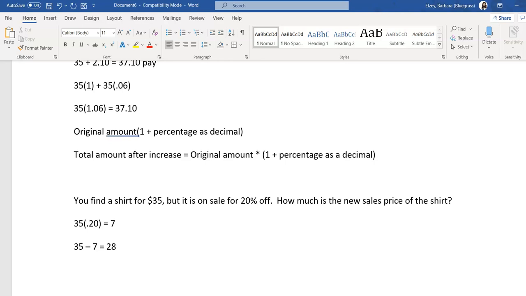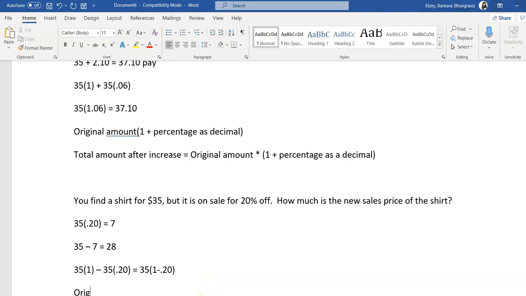So let's notice that we really took our original $35 and we subtracted off 35 times 20%, all right? And really our 35 that we subtracted it from was 100% or 1 as a decimal of the original price, all right? So really this amounts to 35 times 1 minus 0.20. Okay, so let's get us a general formula from that.